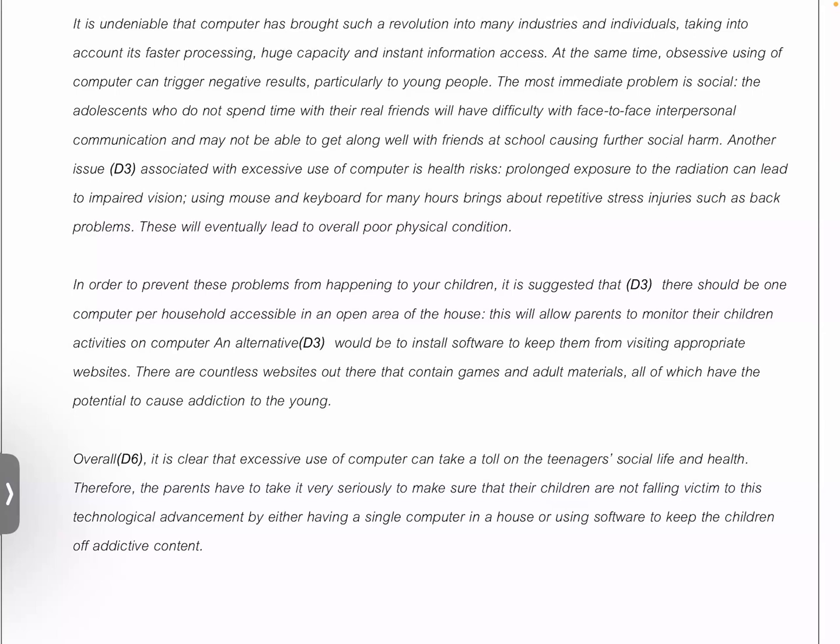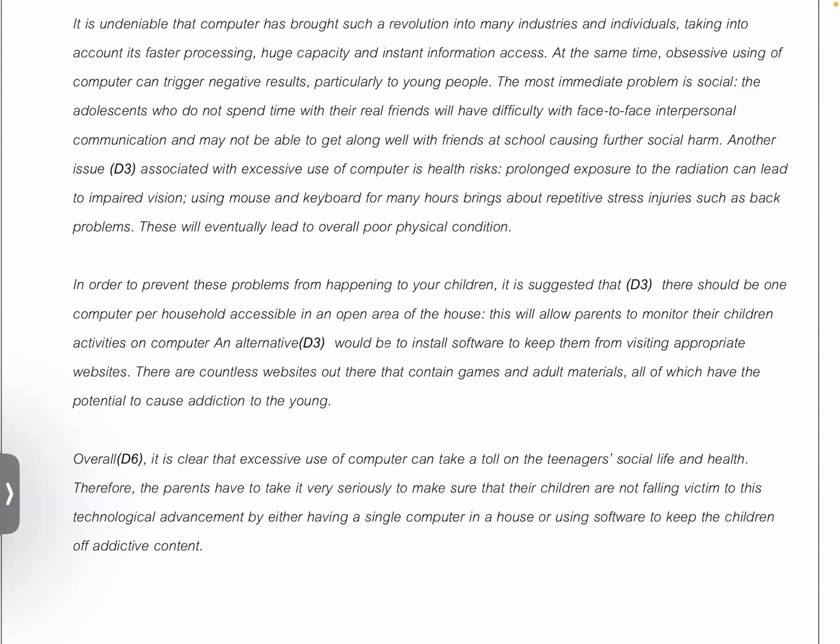An alternative would be to install software to keep them from visiting inappropriate websites. This is actually inappropriate, not appropriate. So that's the next alternative.